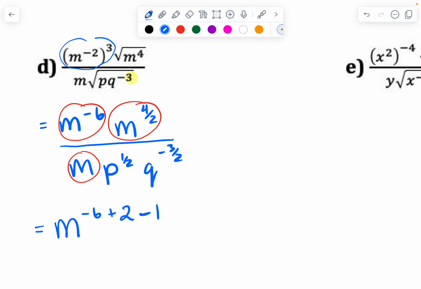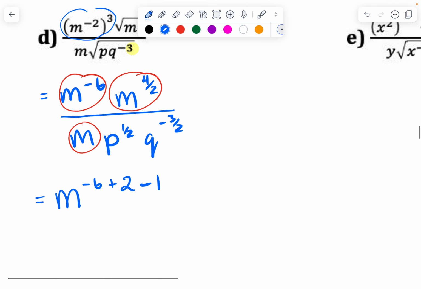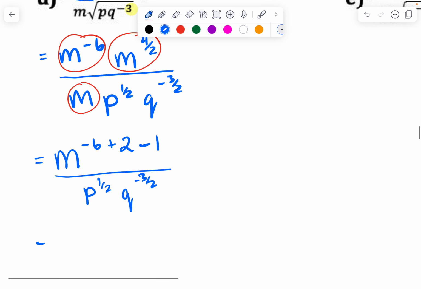And then I have over p to the half, q to the negative 3 over 2. Okay, so that gives me m to the negative 6 plus 2 is negative 4, and then take away 1 is negative 5, over p to the half q to the negative 3 over 2.